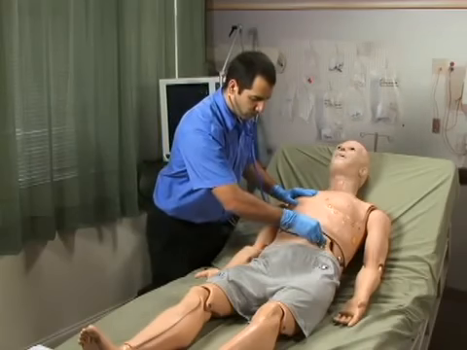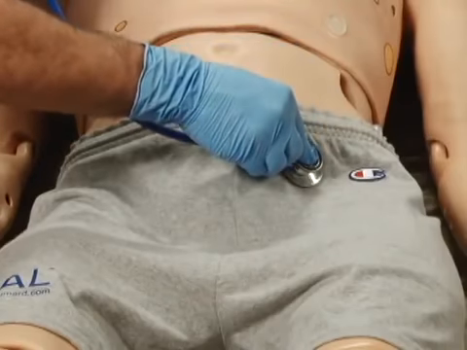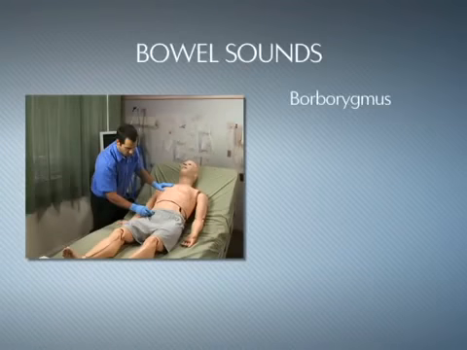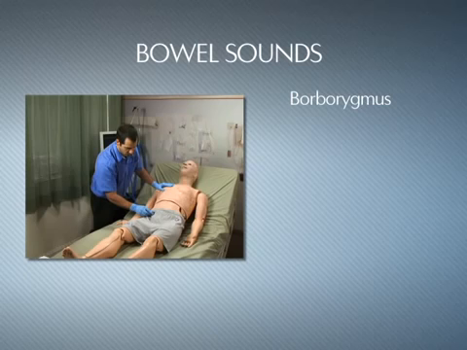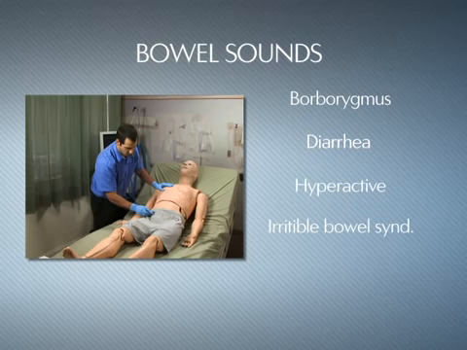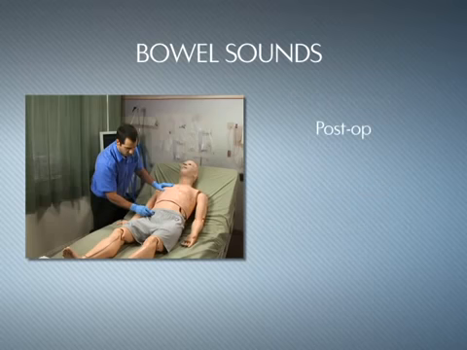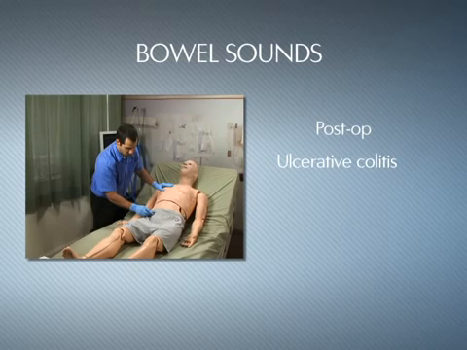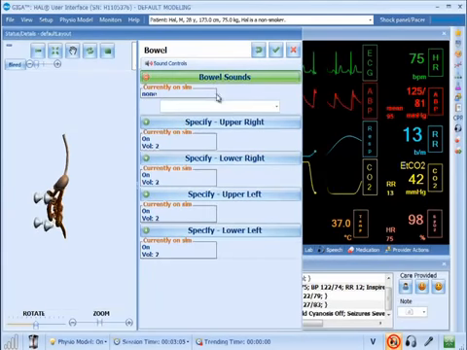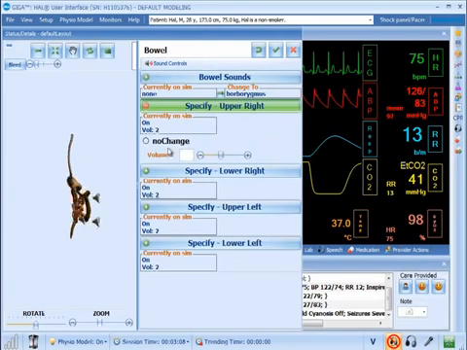HAL has multiple bowel sounds on the 4 quadrants of his lower torso. Each quadrant can be adjusted to a different audio level or turned off if desired.